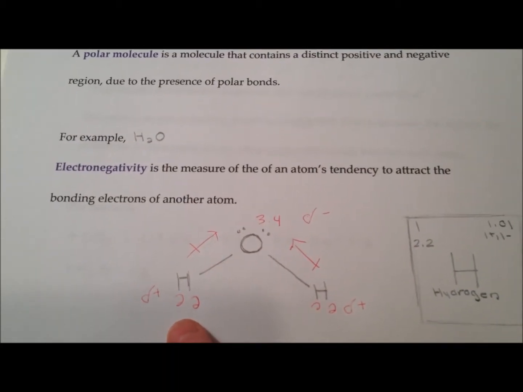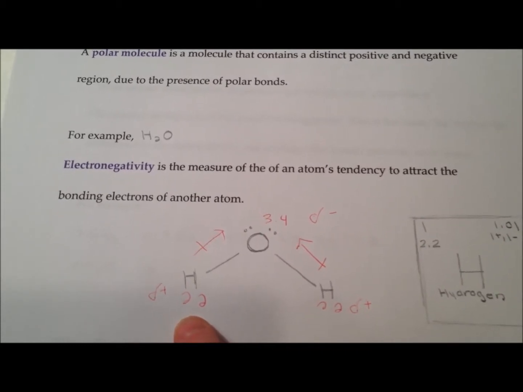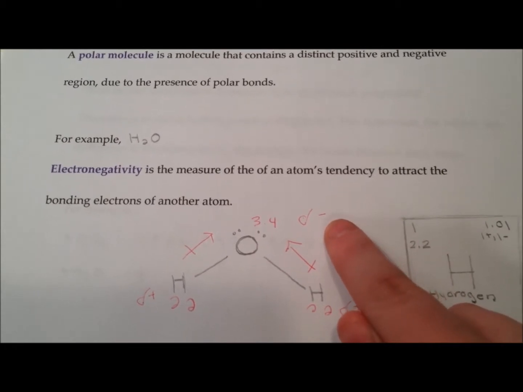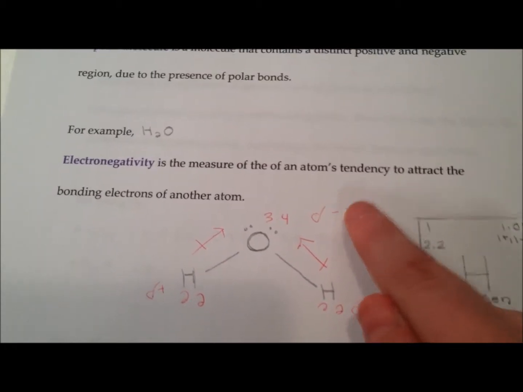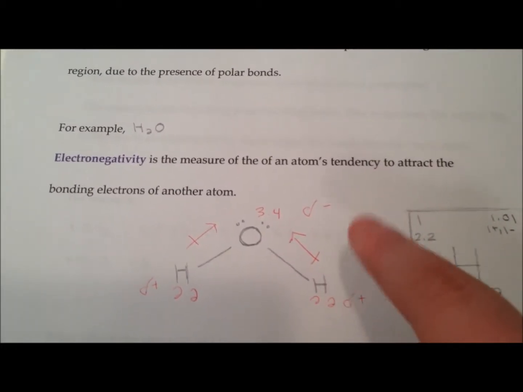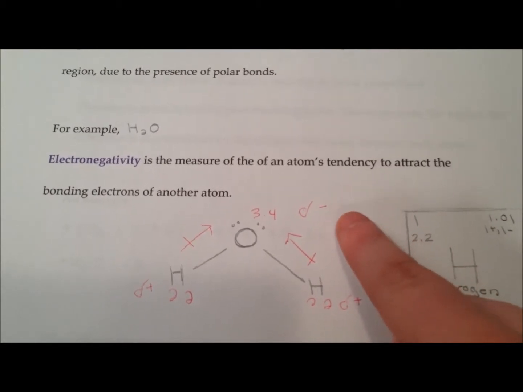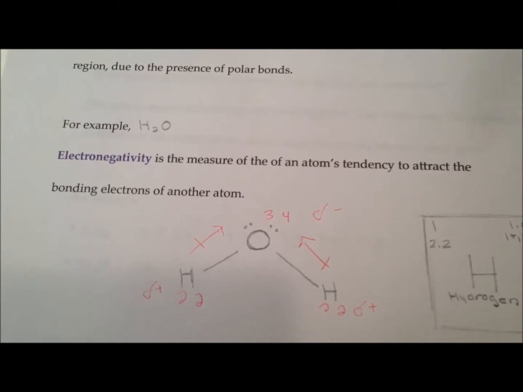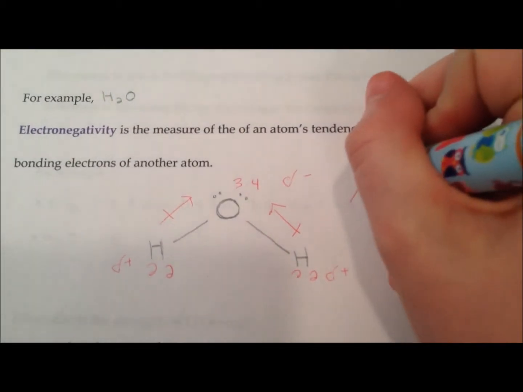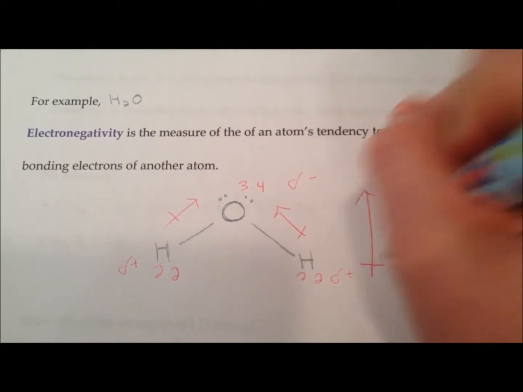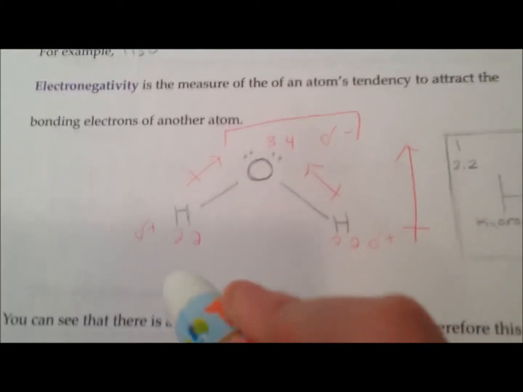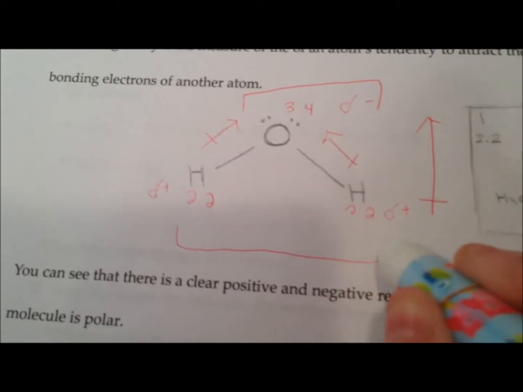Because hydrogen is sharing its electrons, it gets a positive charge, and oxygen gets a negative charge. You can see that there is a distinct negative and positive region. That means this particle is polar. We just show it with an arrow like that. So this region is negative, and this region is positive.